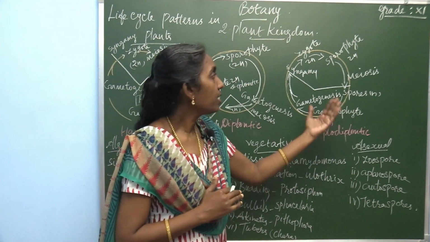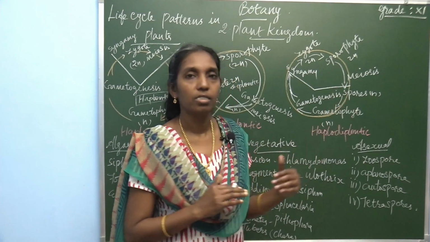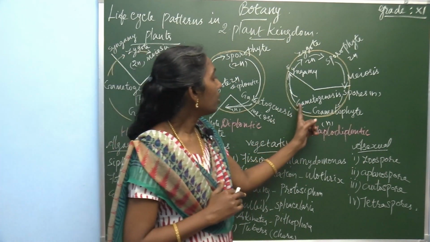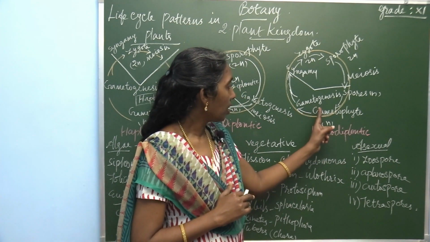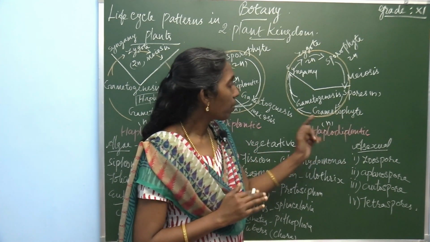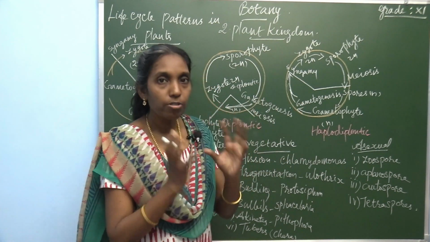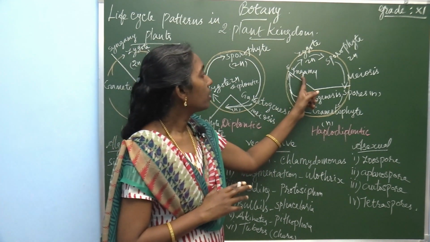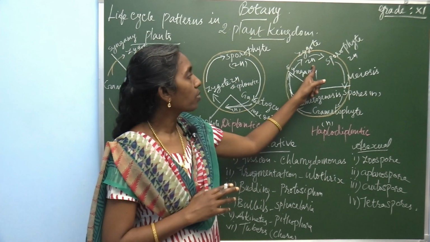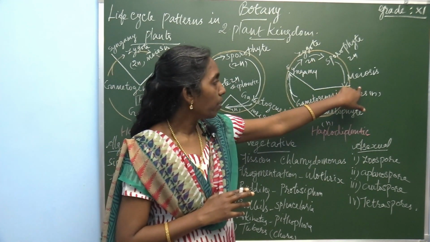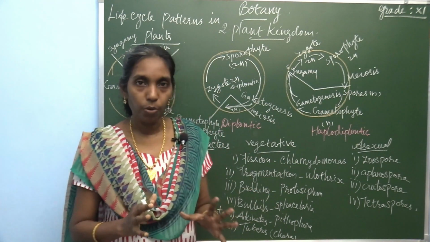In pteridophytes, the sporophytic generation is dominant. In the gametophytic generation, haploid gametes N are formed, and the fusion of these gametes, the process of syngamy, forms the zygote, which develops into a sporophyte, undergoes meiosis, and again develops into spores.